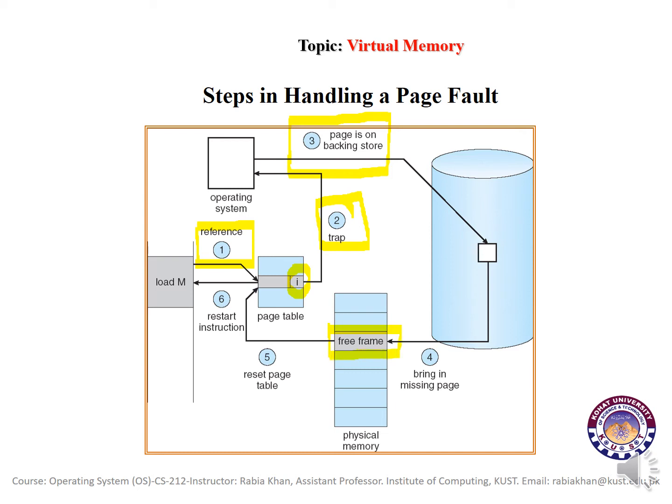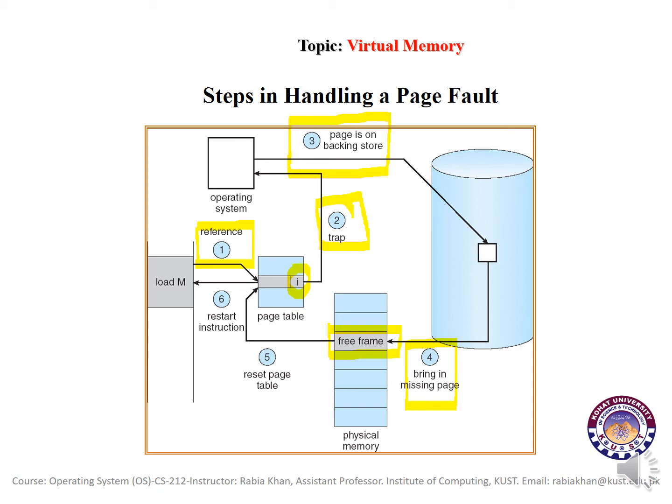In physical memory, the operating system has to first find a free frame for the incoming page. If there is a free frame, the operating system loads the required page from secondary storage to physical memory in that free frame, as you can see in step 4.